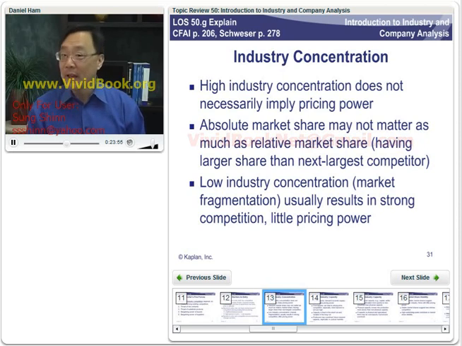If that's the case, the top 2 companies do have some pricing power, and these fragmented companies are going to be somewhat price takers based on what the top 2 companies do. And the last idea is low industry concentration, total market fragmentation. In other words, many firms all having a very small percentage of the market share. That absolutely leads to strong competition, little pricing power, and if you remember some of your microeconomics, these are all price takers.